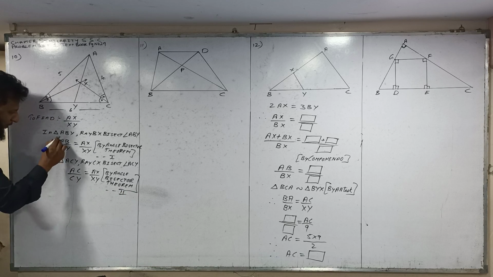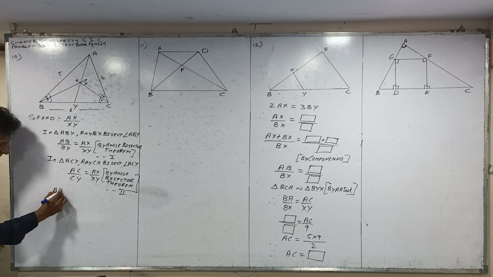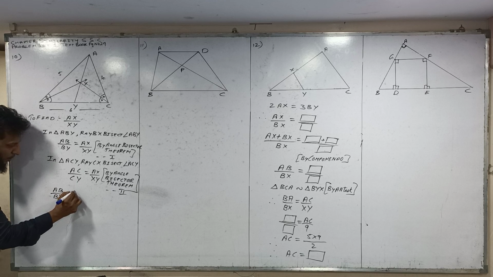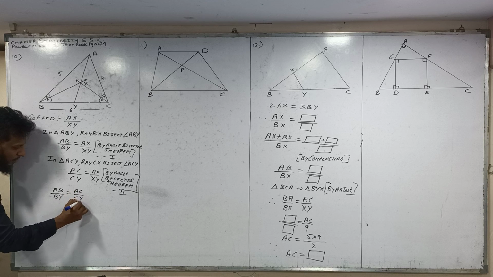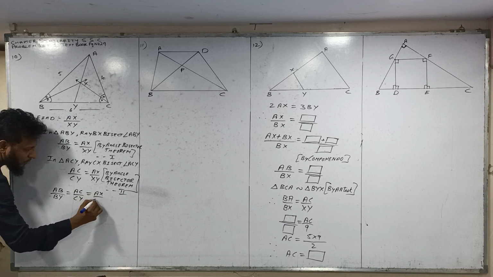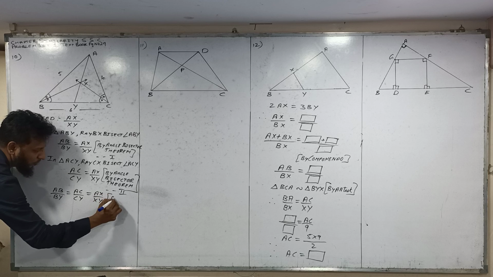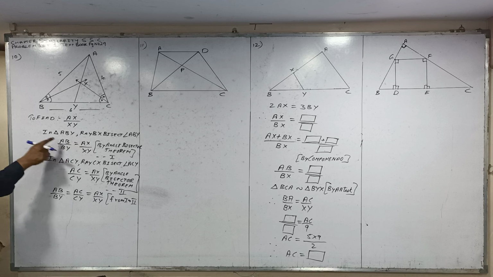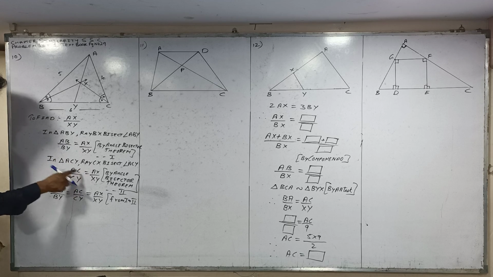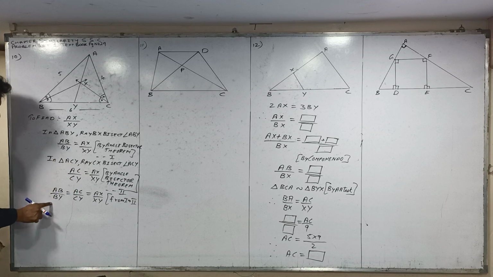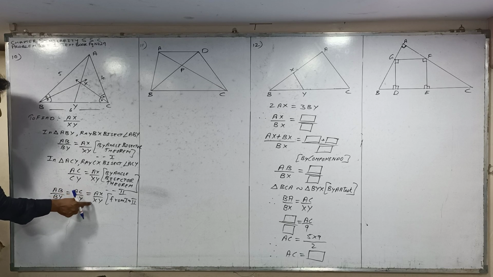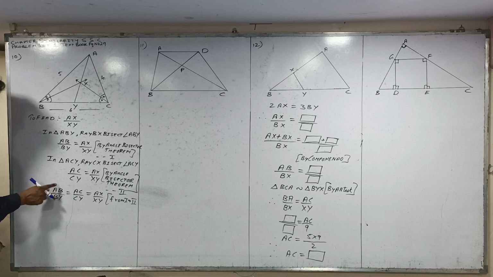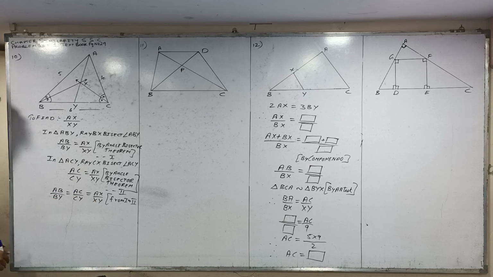From 1 and 2, AB upon BY is equal to AC upon CY is equal to AX upon XY. AX upon XY is equal to AB upon BY, and AX upon XY is equal to AC upon CY. Therefore, all these three are equal.